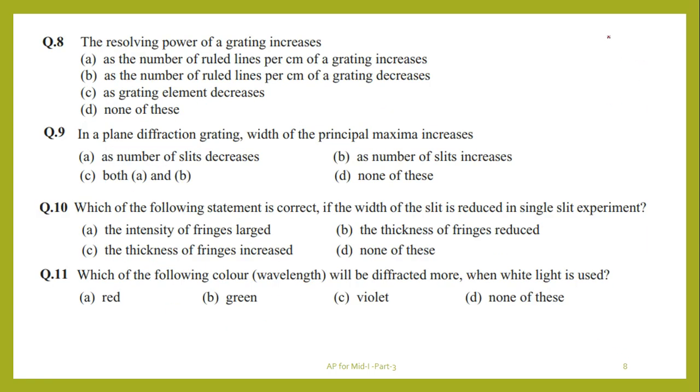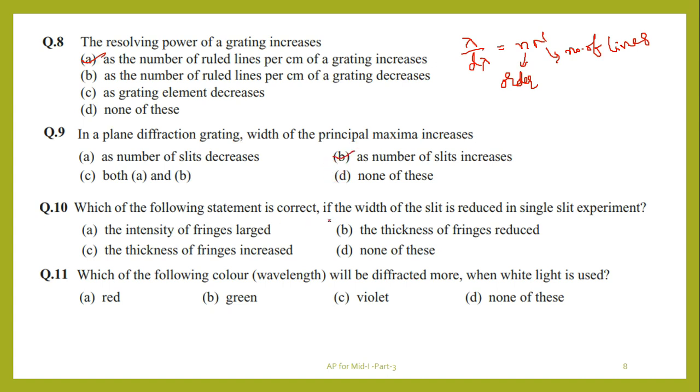The formula is lambda by d lambda equal to n into capital N, where small n gives the order and capital N gives the number of lines on the grating. As the number of ruled lines per centimeter of the grating increases, the resolving power increases. In a plane diffraction grating, the width of a principal maxima increases as the number of slits increases.